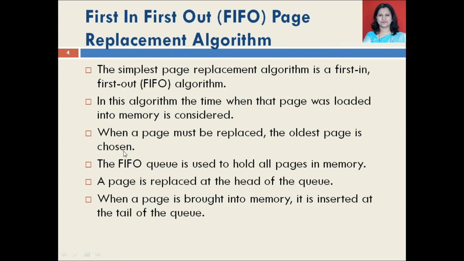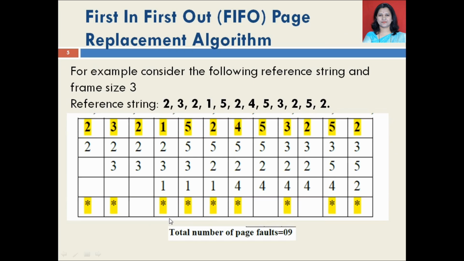When a page must be replaced, which page are we going to choose? The oldest page will be chosen for replacement, okay. The FIFO queue is used to hold all pages in memory. The page at the head of the queue is replaced, okay, and when a page is brought into memory, it is inserted at the tail of the queue, okay.